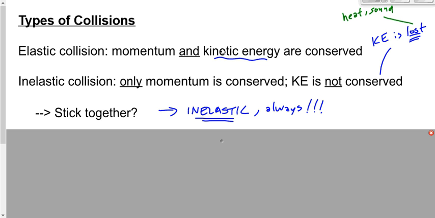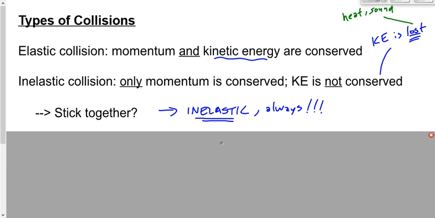If the two objects stick together, they entangle, they head off as one, kinetic energy will always be lost. You don't even need to do a calculation here. You know 100% for sure the kinetic energy will be lost. It's transformed into something else.